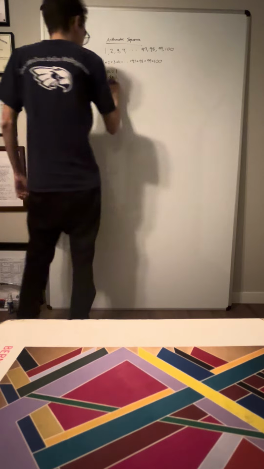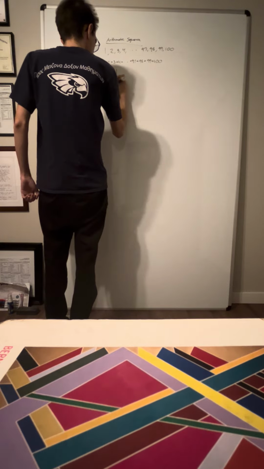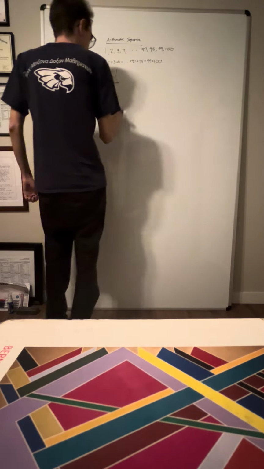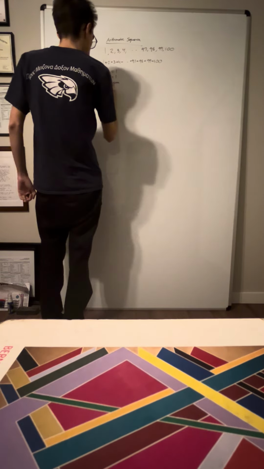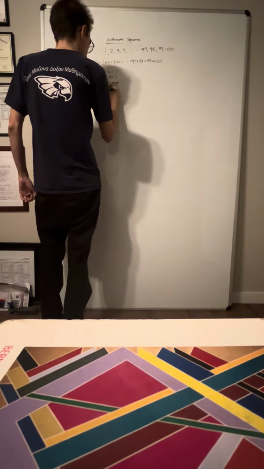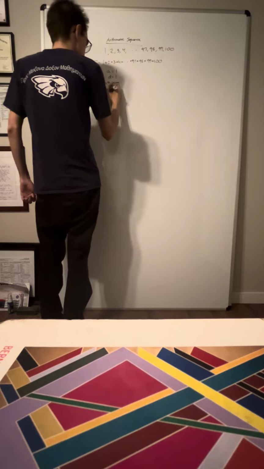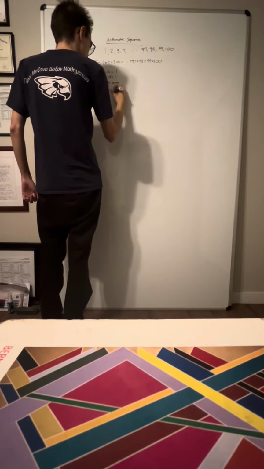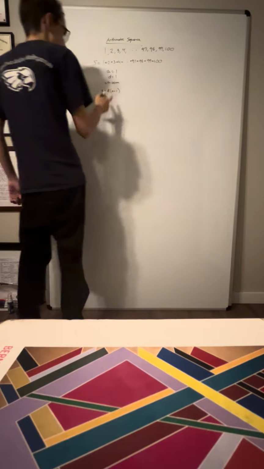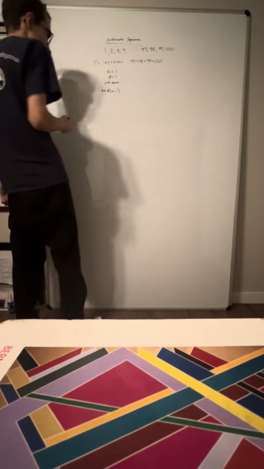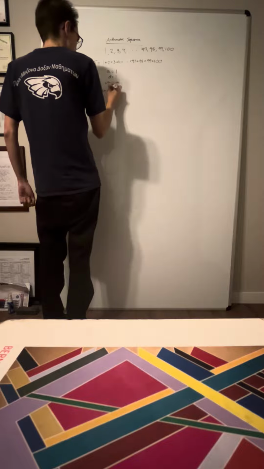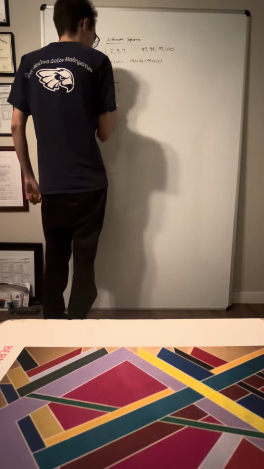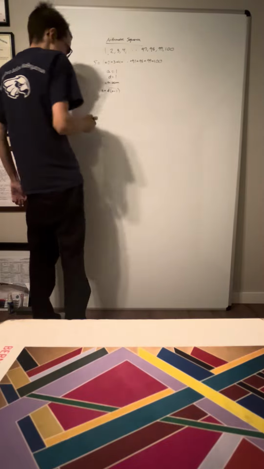Any nth term can be described by A plus D times n minus 1. If you saw my other clip about this, then you would know what this is all about.